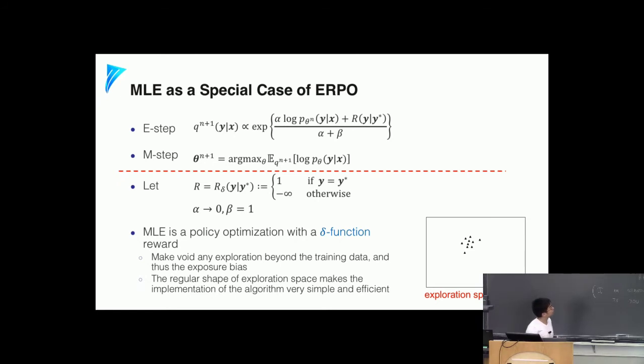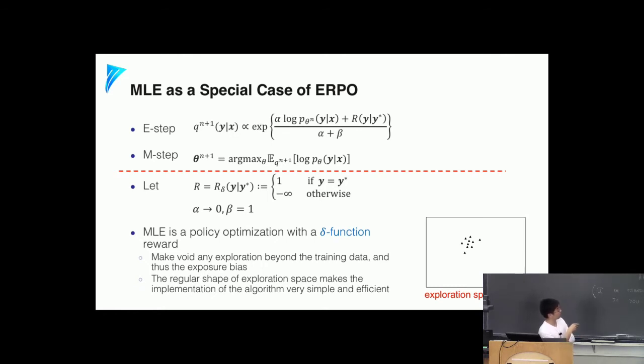Because of this reward function, the model is only exposed to these observed data points, and any samples beyond this training data get a negative infinite reward, so all other sequences will not contribute to the model training.